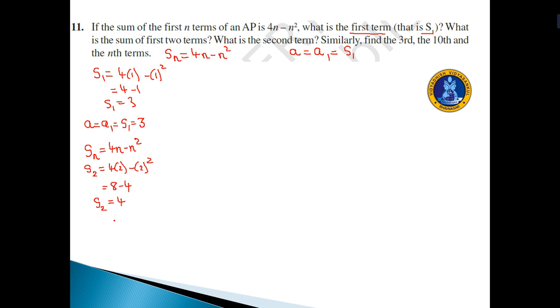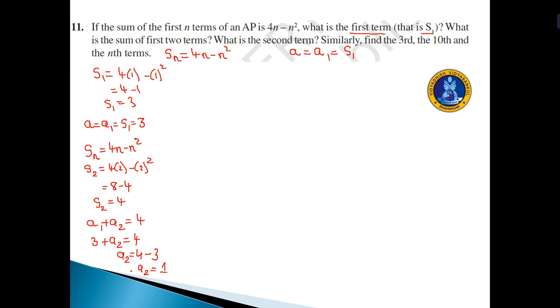So S2 is equal to 4. Now what is the meaning of S2? Sum of two terms, that is A1 plus A2 is equal to 4. A1 is 3, so 3 plus A2 is equal to 4. So A2 is equal to 4 minus 3. Therefore A2 is equal to 1.